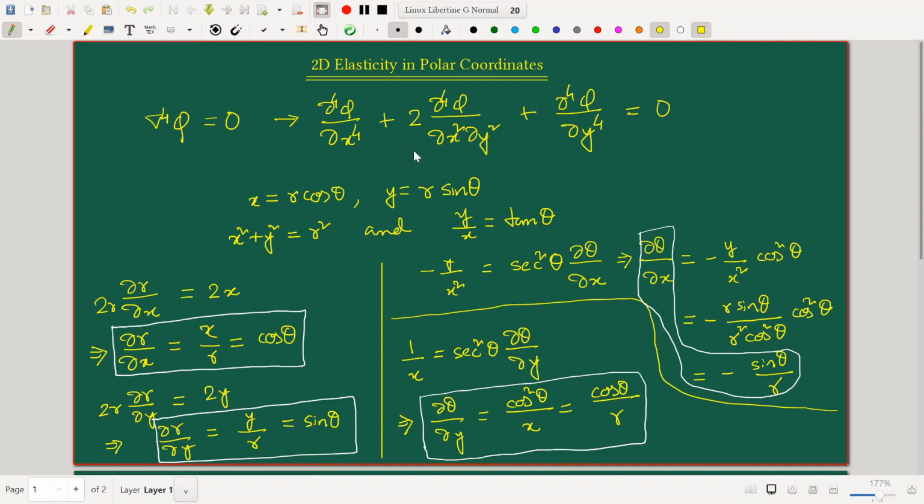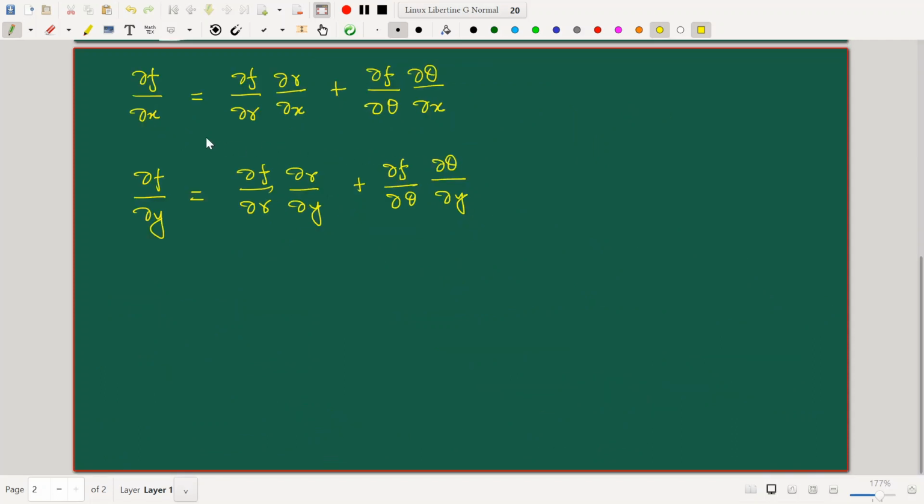So you see we need fourth order derivatives here. Here the fourth order derivative where x is involved, here the mixed derivatives are involved, and here only y is involved. But in order to arrive at the fourth order derivative, we have to first start with the first order derivative. So that is exactly what we have managed to do here.